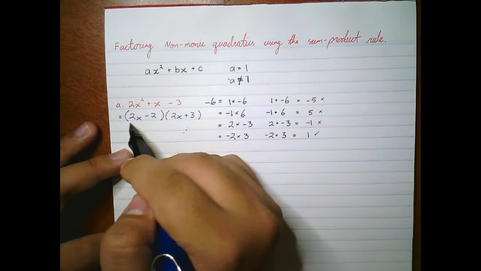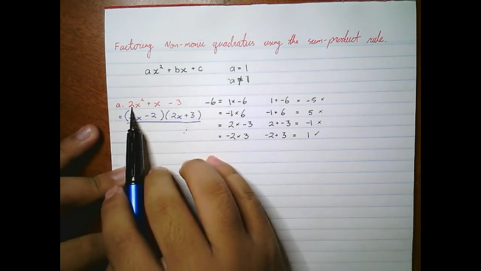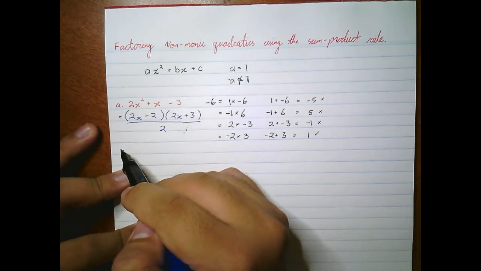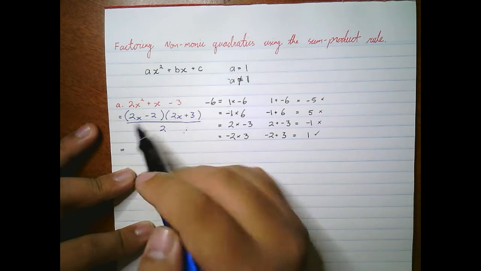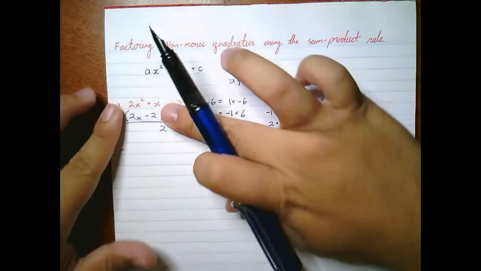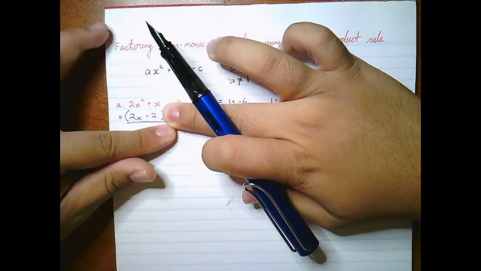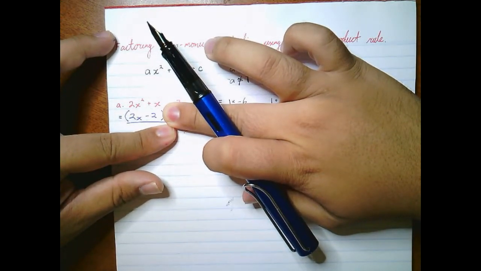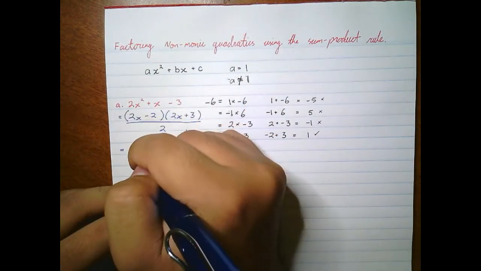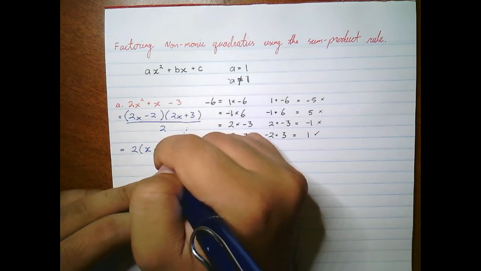We're going to divide everything by whatever a is, divided by 2. And to get rid of it, we need to factorize further any of the brackets. If we focus on 2x minus 2, can you see how there's a common factor of 2? I'm going to take that common factor out of 2x minus 2, which leaves us with 2 times (x minus 1).